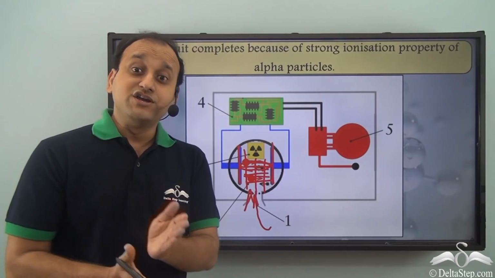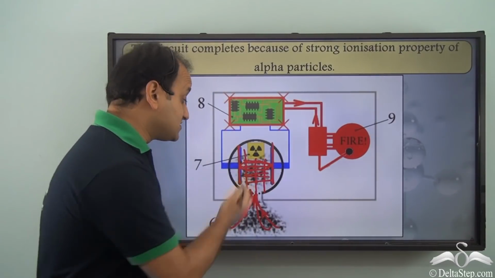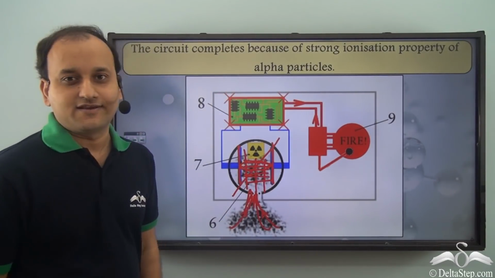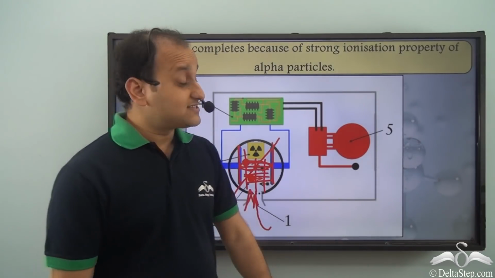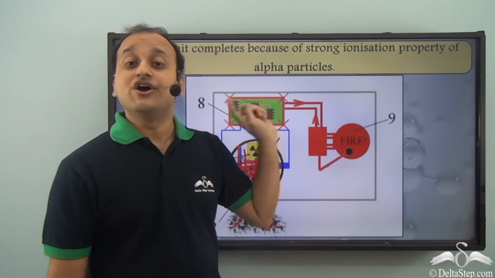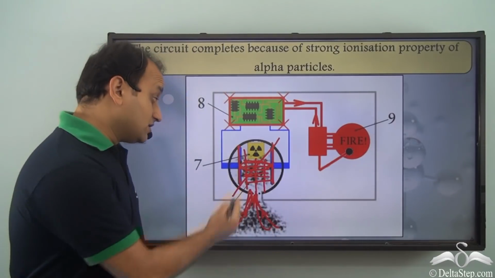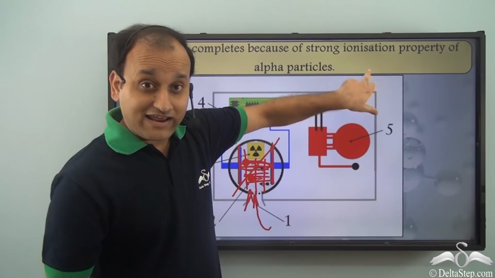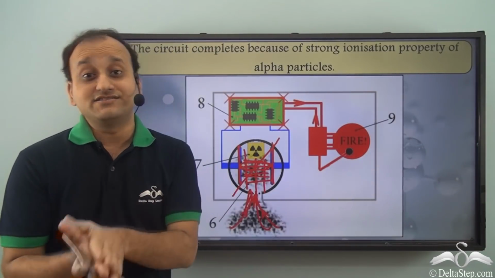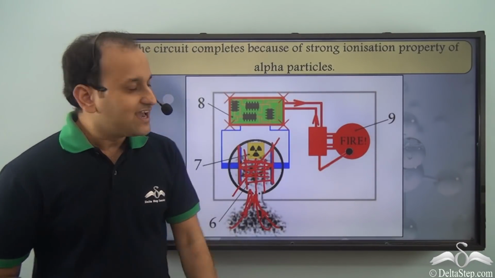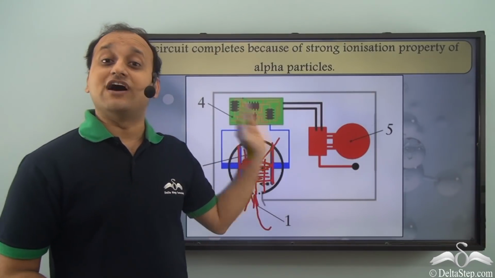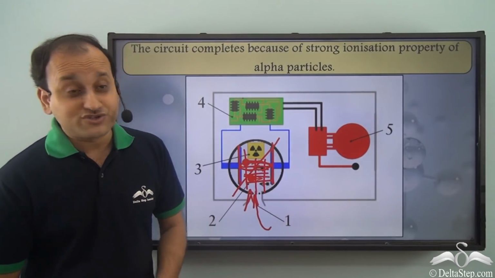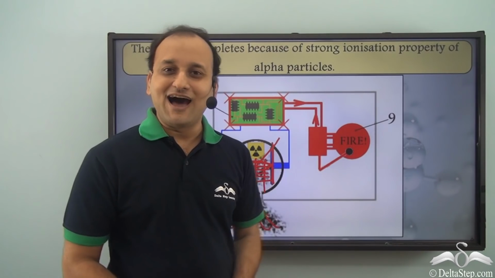So the smoke neutralizes the ions and the circuit breaks. And as soon as the circuit breaks, the bell starts ringing. It means that the smoke has entered this particular circuit, so the bell rings and we know that there is a fire. So you see, the ionization property of alpha particles is used in fire alarms.